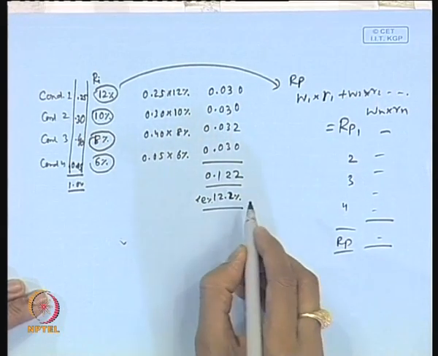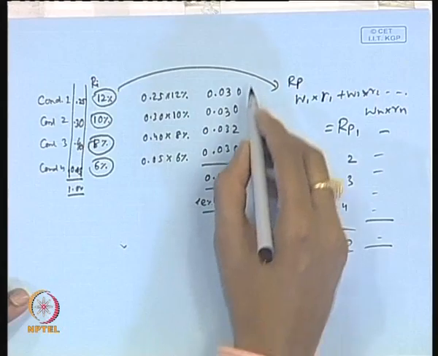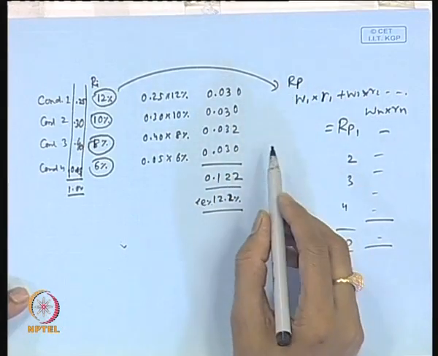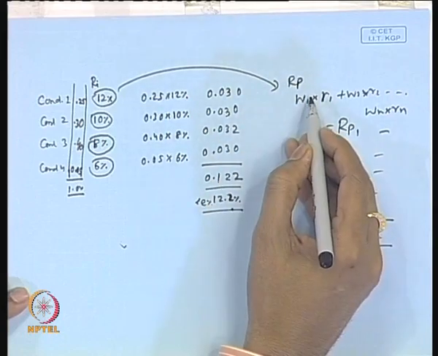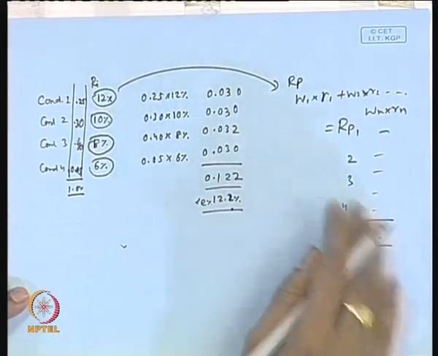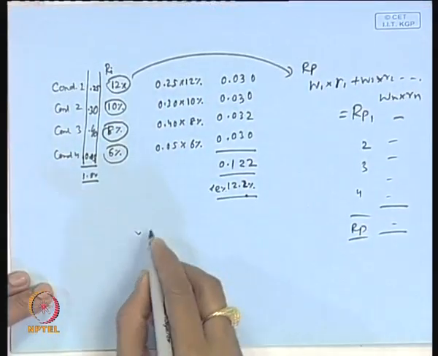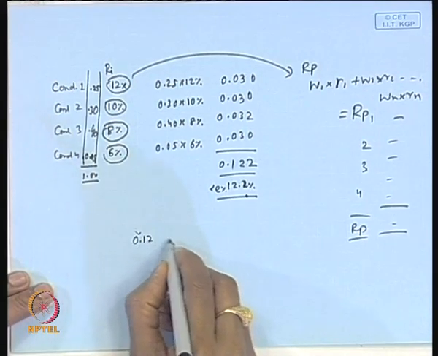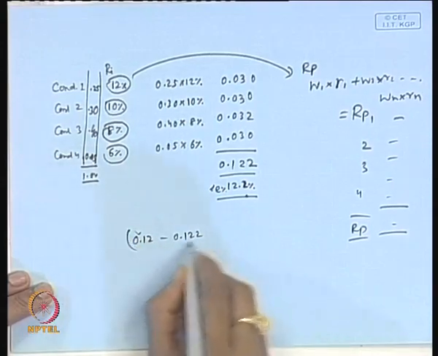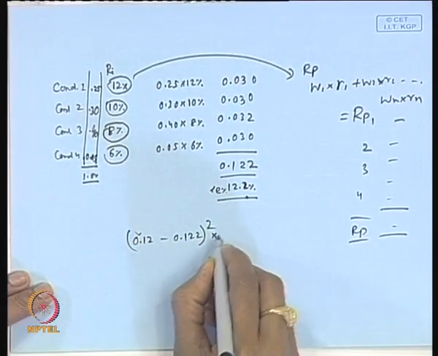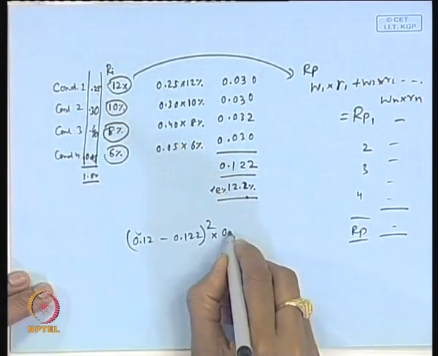In the risk calculation, what you do is take the difference between the return, equal to 12%, and the average return, square it and then multiply with the respective probability. So, what we do here, we say 0.12 minus 0.122 in the first case, and we square it and multiply by the respective probability, in this case 0.25.